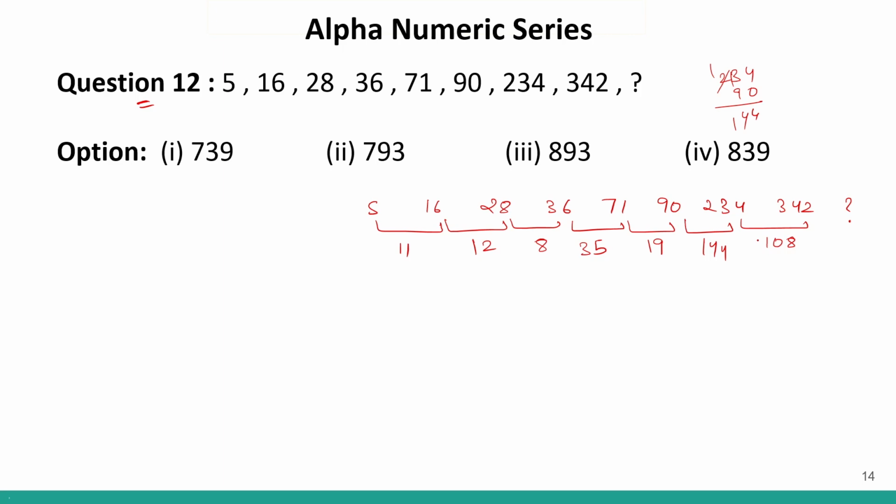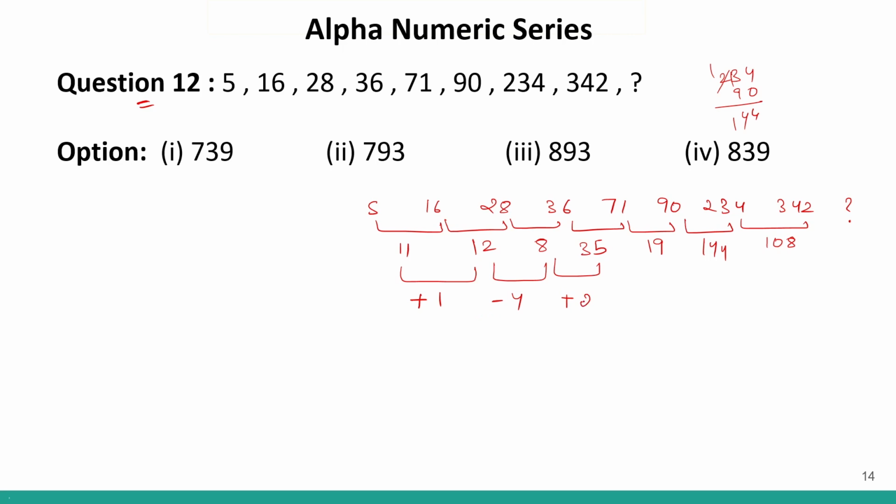Okay. Now I cannot see a pattern, so let us try. I'm talking about just the difference, not positive or negative. The difference over here, basically this is plus 1, this is minus 4, correct?